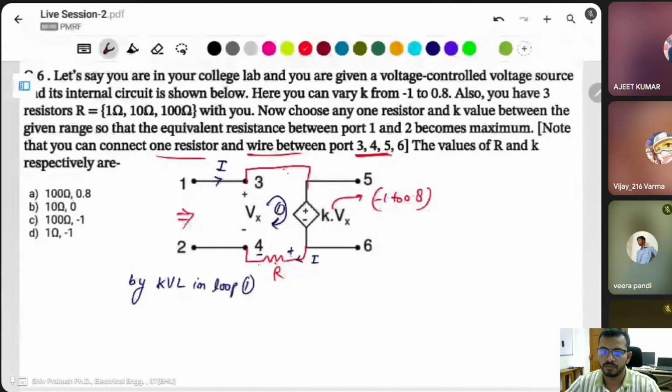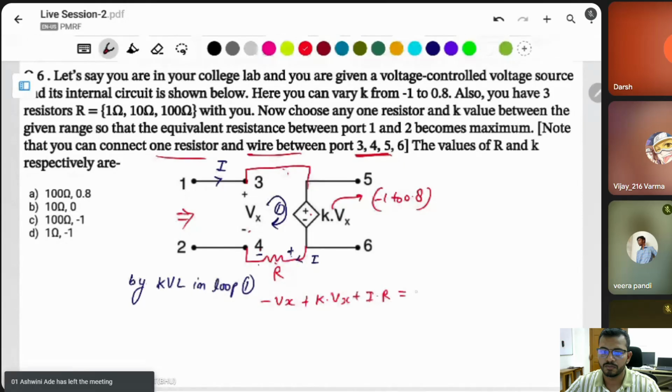What is the KVL? Simply apply the same voltages: minus Vx here, then plus K into Vx, then plus I into R is equal to 0.